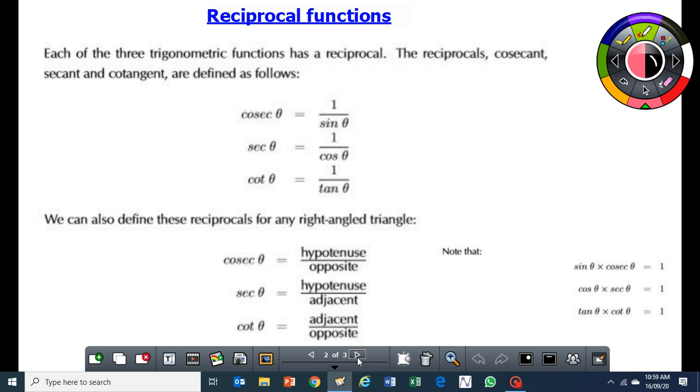So you need to be aware of the reciprocal functions. The reciprocal of sine is cosec, the reciprocal of cos is sec, the reciprocal of tan is cot. Fortunately, the reciprocals are only taught in grade 10. They don't appear again in grade 11 and 12, and then when you get on with maths, they will come back.